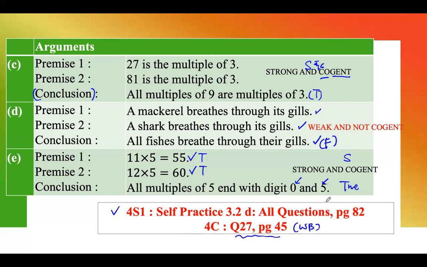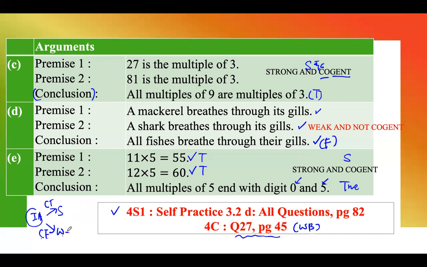All right? Okay, so this is about inductive argument. Weak or strong, cogent, not cogent. Strong, cogent; strong, not cogent, right? So weak or strong depends on the conclusion. Strong because of the conclusion, right? A true conclusion is strong, a false conclusion is weak.